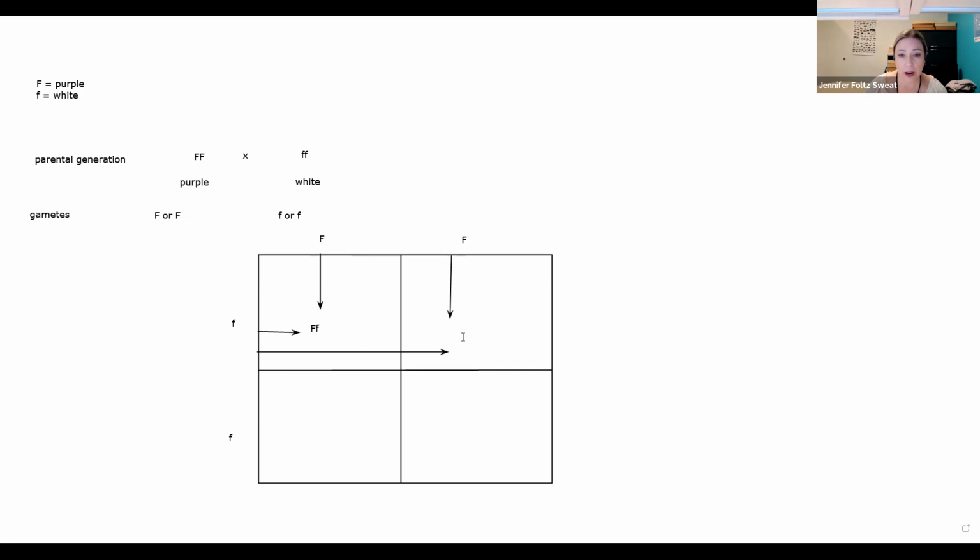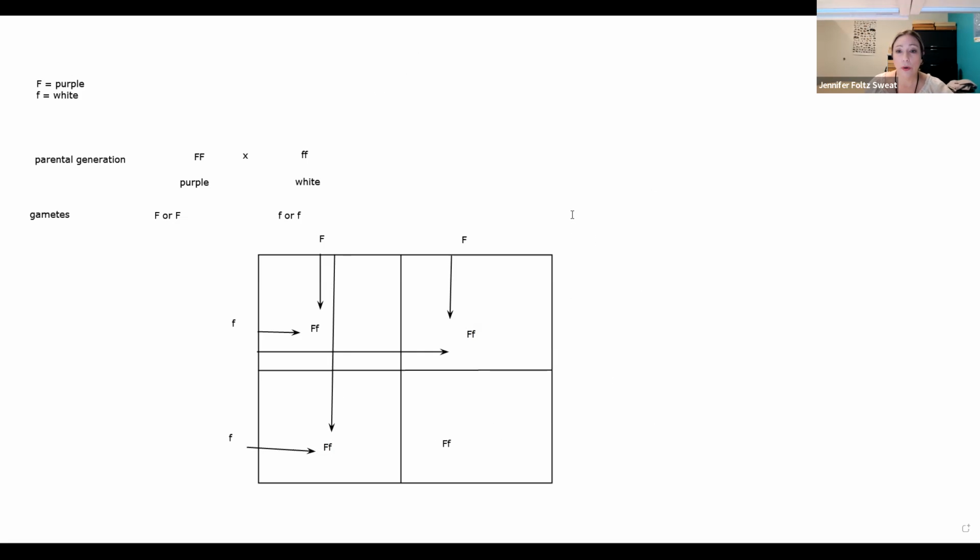So again, we have big F, little f. For the third square, the little f comes over, capital F comes down, and again, we have the same genotype. And for this one, we will also have the same genotype.